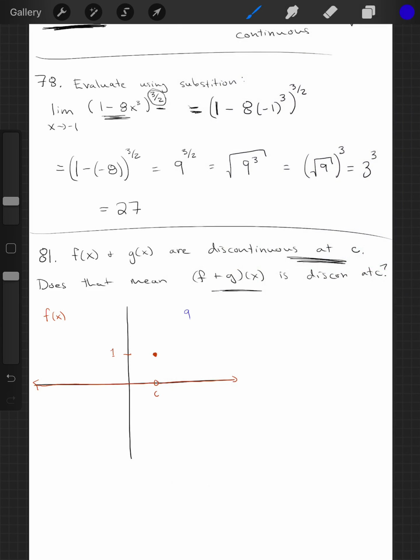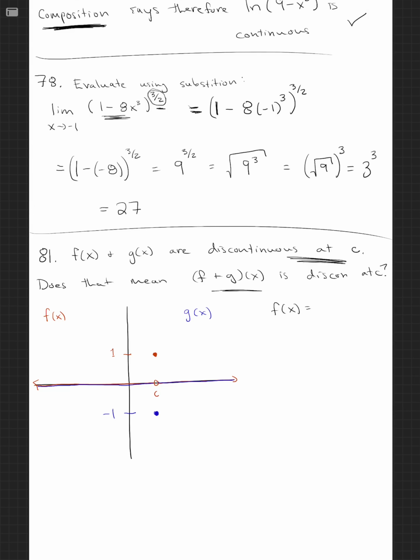discontinuous. And I'm going to have g of x be almost the exact same function. It's also going to be 0 all the way up to C. But then it's going to be negative 1. And it's going to be 0 the rest of the time forever. So, if we add this, let me get my black pen back.